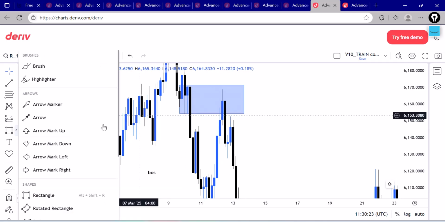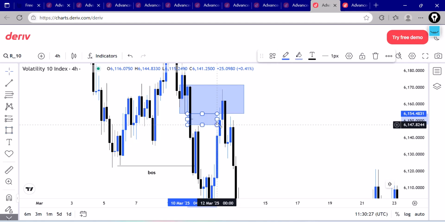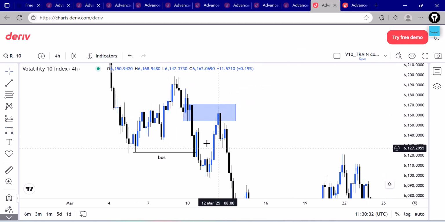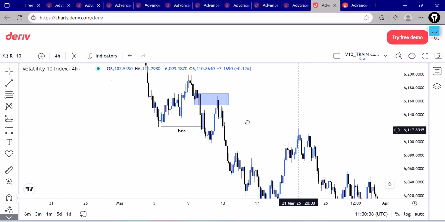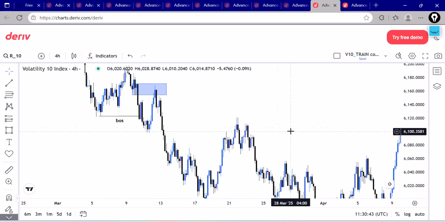That's an imbalance right there, a market inefficiency. So that means this is a valid supply zone. The price broke structure, and when it rallied back there, it sold again massively downward. So this was a valid supply zone.